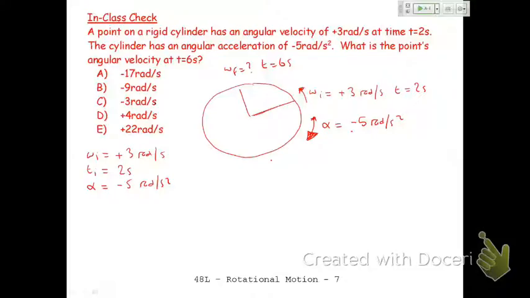And then my omega f is what I want, and my tf is equal to 6 seconds. And I can actually say my delta t is equal to t final minus t initial, which equals 6 minus 2, which equals 4 seconds.